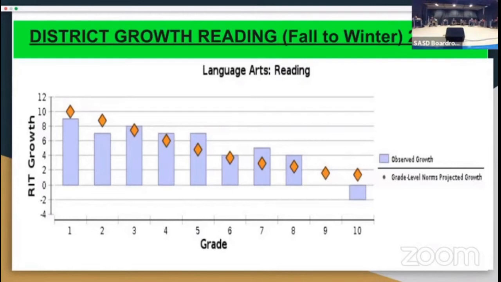So it was really difficult to track my first grader to my 10th grader because there were different assessments every 3 years. So that's why in 2019, we changed to all MAP testing for grades 1 through 10, versus all of the different types of testing that we were doing, to give us a better lens of how our students were really doing.